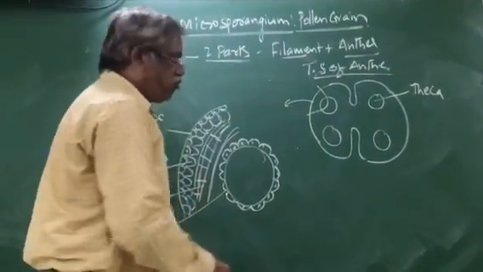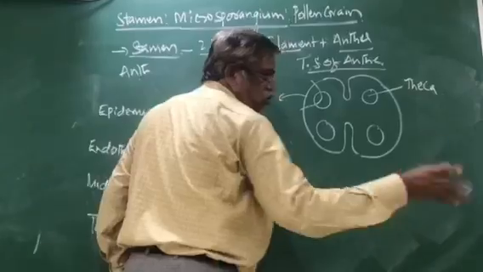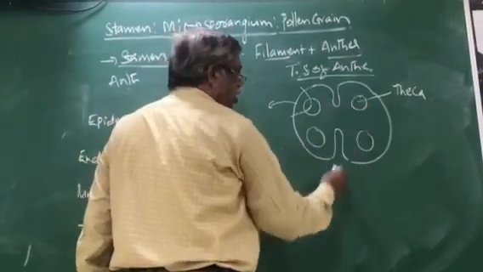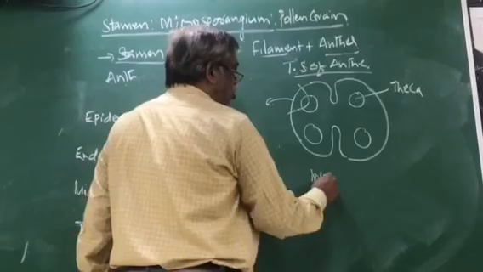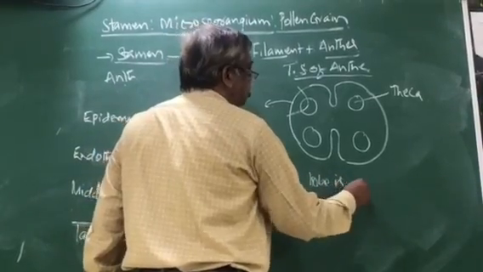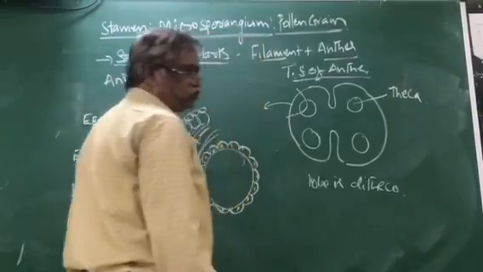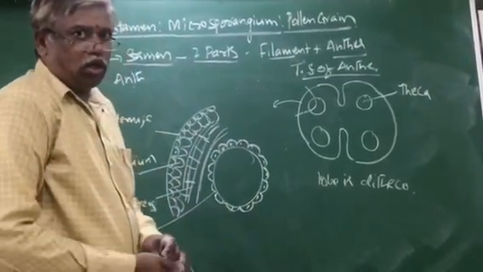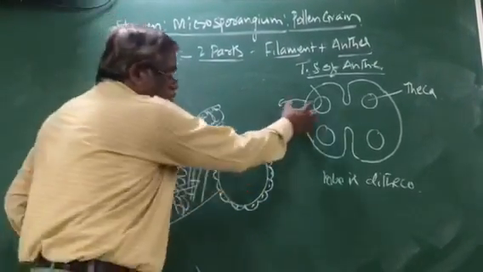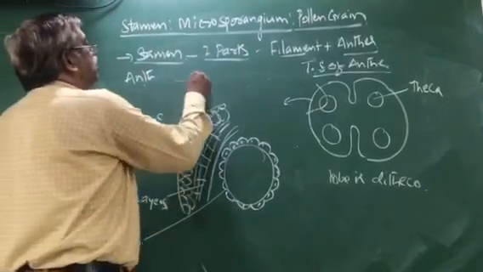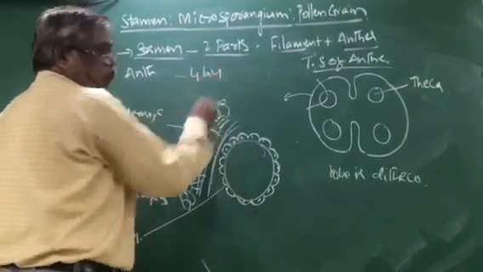In this TS of anther, it is one lobe, it is another lobe, you know. Each lobe contains 2 theca. Hence, the lobe is dithecous. Right. This wall of anther contains 4 layers.